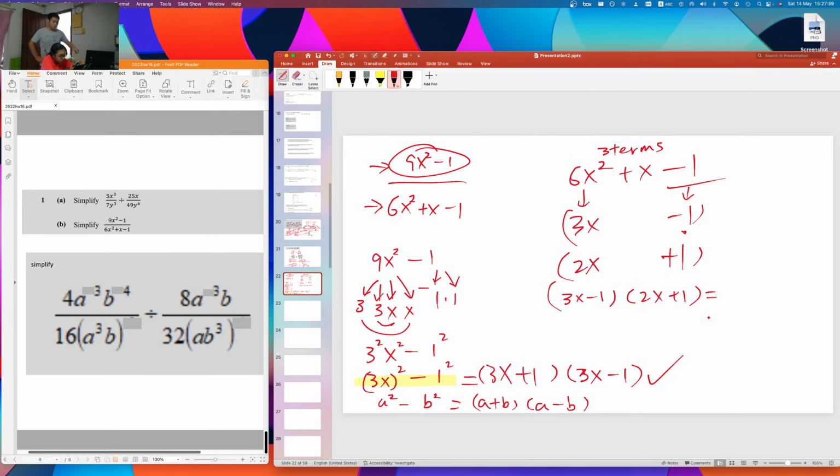Hold on. 3x, 2x is 6x. How many x do you have for the first term? Yes. Remove this mistake. Now you go and underline similar terms, then simplify.